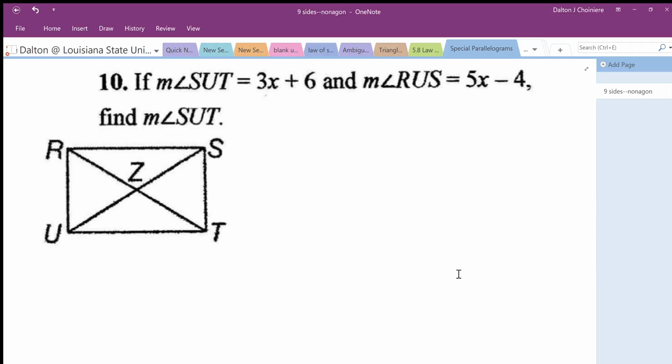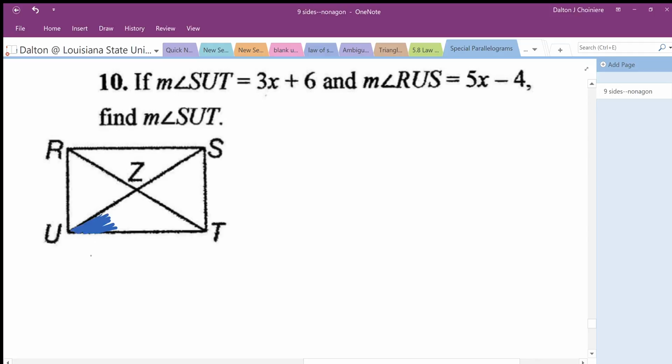So notice this one's giving us some different information. It says if the measure of angle SUT equals 3x plus 6 and the measure of angle RUS is 5x minus 4, find the measure of angle SUT. So what I like to do in these is kind of shade the area of the angle that I'm looking for. So S to U to T is this angle right here, right? That's SUT.